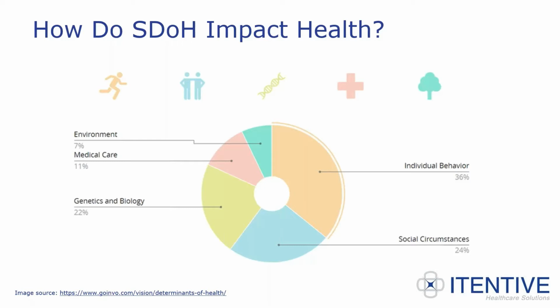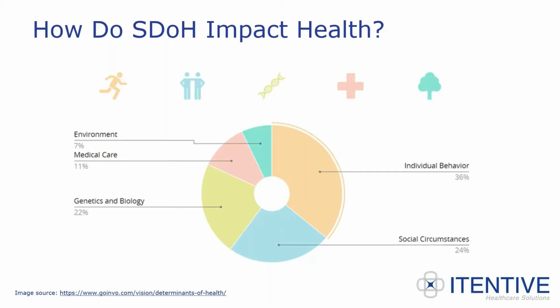So you can see in this graphic how large of an impact things like social circumstances combined with environment play in a person's overall health, and how those two combined is just about even impact-wise if you were to combine medical care and genetics, which years ago were thought to be the only driving forces in a person's health.